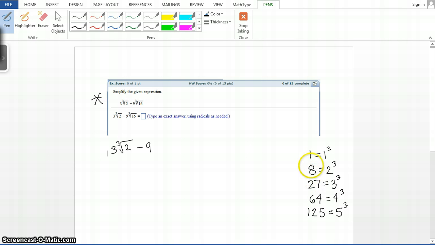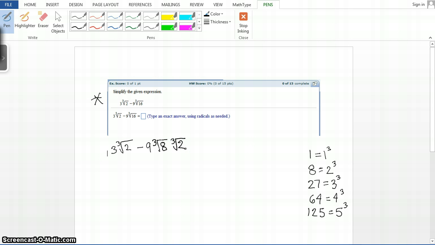If you see this 8 right here, what I'm going to do is use a property of radicals that says that you can break apart radicals into a product of those similar radicals. So since these are cube roots, the cube root of 16, 16 is 8 times 2.